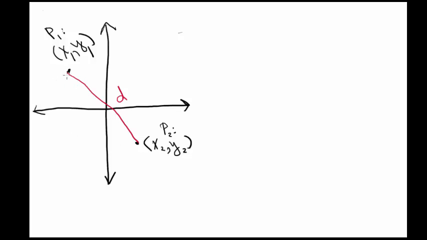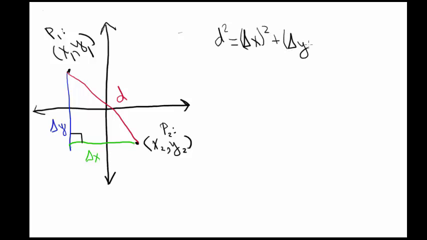Again, it's going to be easy to find our change in y, and it's going to be easy to find our change in x. And the change in y and the change in x and the distance d are going to form a right triangle. So the Pythagorean theorem is going to tell us that our d squared is equal to the change in x squared plus the change in y squared.